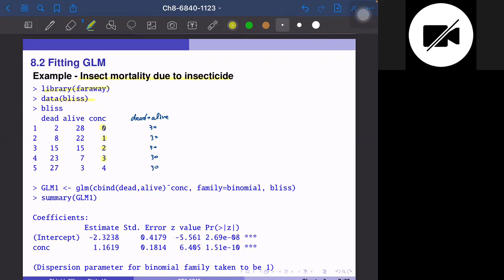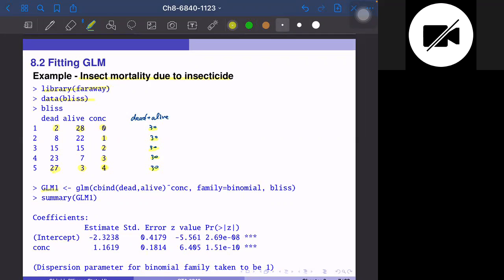For each concentration of insecticide, we have the number of deaths and the number of survivors. So 2 insects are dead and 28 are alive if the concentration is 0. But if the concentration is higher, then the deaths are 27 and alive is 3. So it's a much higher rate of death. And actually for this data, death plus alive, the sample size, is always 30.